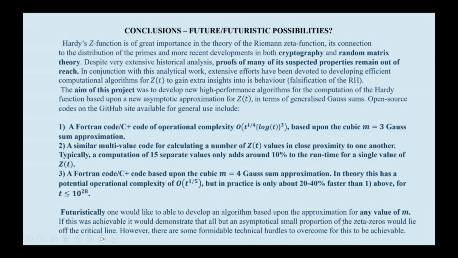I think at the moment all we know is that 40% of the zeta zeros lie on the line, but if this was true, that would jump to something like 99.99999% of the zeros lying on the line, and only a tiny fraction off the line. But there are, as I say, some very formidable technical hurdles to overcome. So it really is a somewhat futuristic possibility that I've set out there.